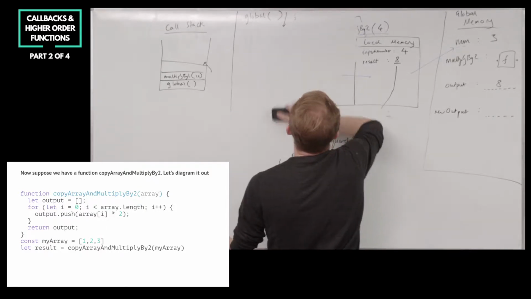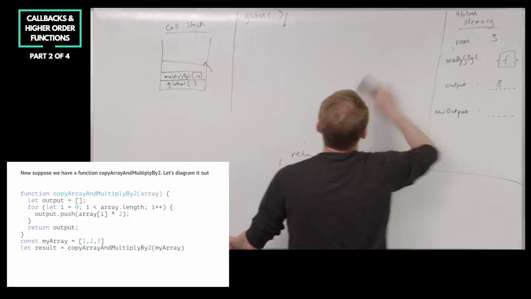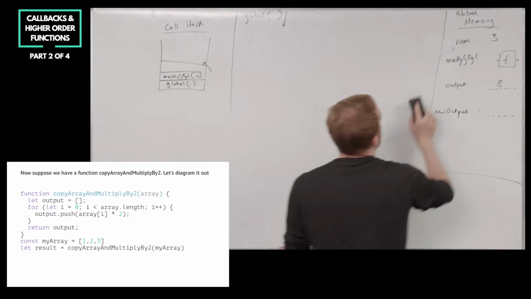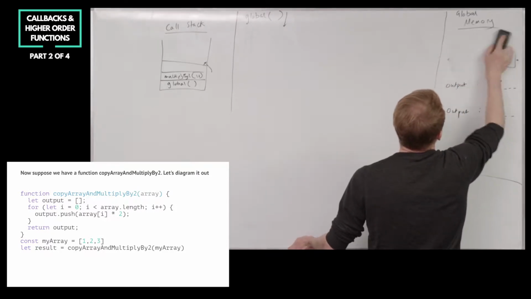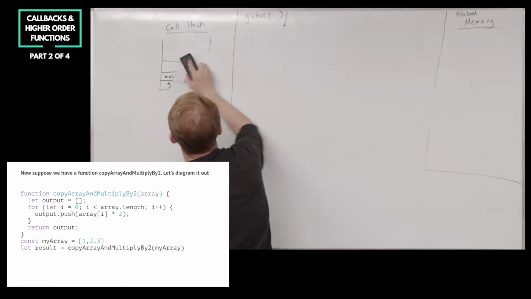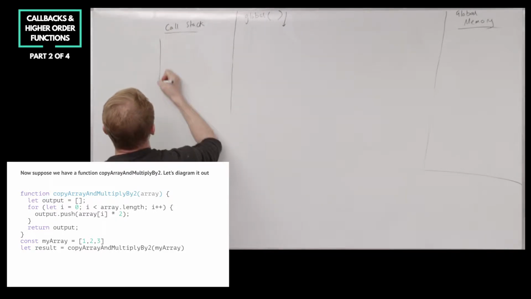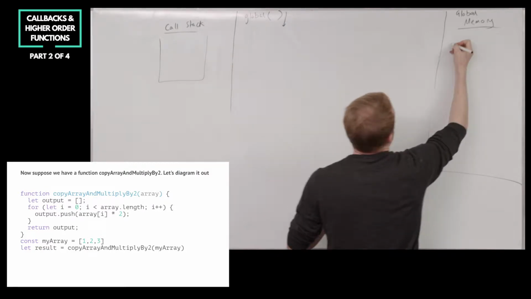Let's walk through it line by line, starting off with our friend Lewis. What are we doing in the very first line of code, Lewis? We're declaring a function called copy array and multiply by 2, and we're storing it in global memory. Excellent, thank you, Lewis.